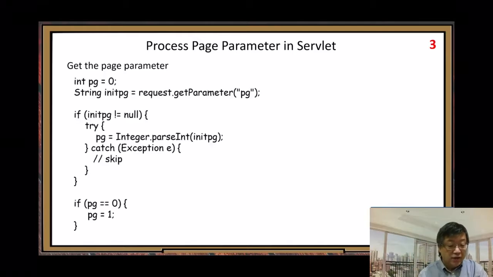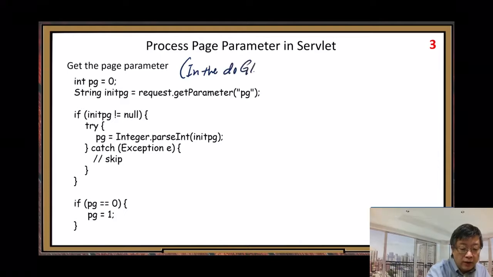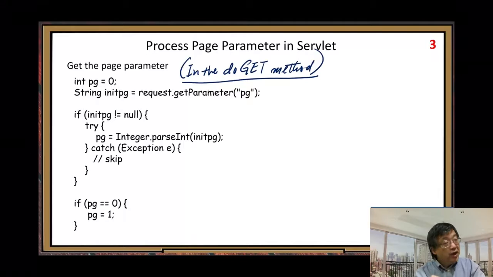In that one, look at the doGet method. These are the key lines we need to add into the old version, but we need to try to put them in the right place.